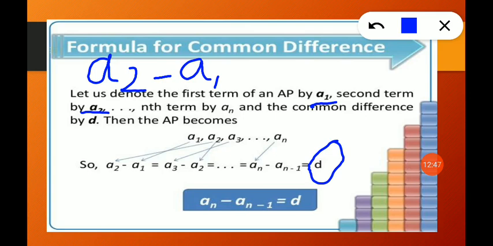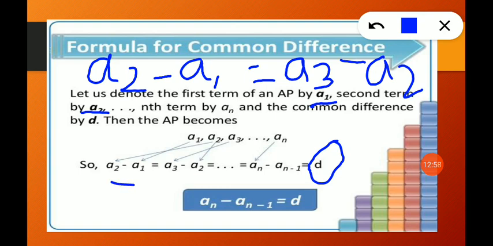Or we can say, since in an AP all the differences are the same, this can be equal to A3 minus A2. So all these numbers are equal to D. We can find the difference between any two consecutive numbers and it will be the common difference. If the list of numbers is in AP, only then it will give us a common difference.